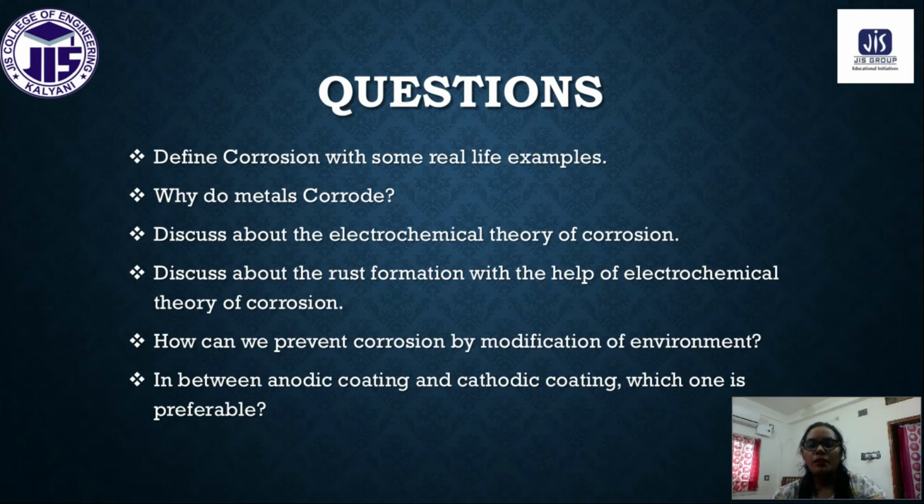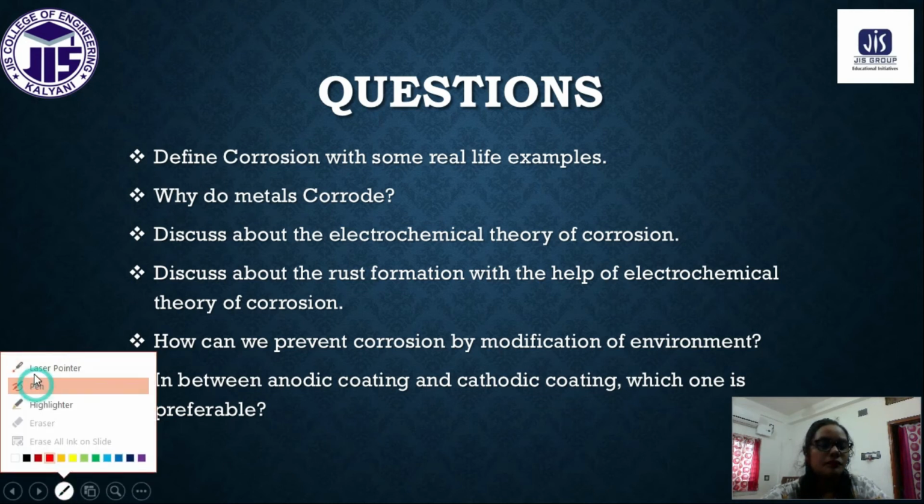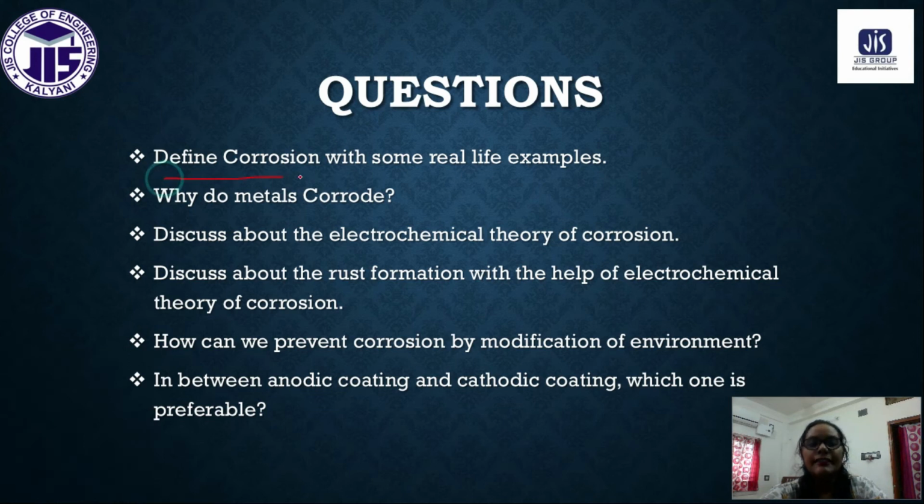These are some of the types of questions that you may have in your exam. First of all, this is our first question: define corrosion with some real life examples. How can you define corrosion?